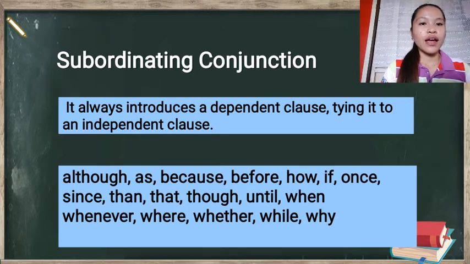Here are some examples of subordinating conjunctions: although, as, because, before, how, if, once, since, then, that, though, those, until, when, whenever, where, whatever, while, and why.